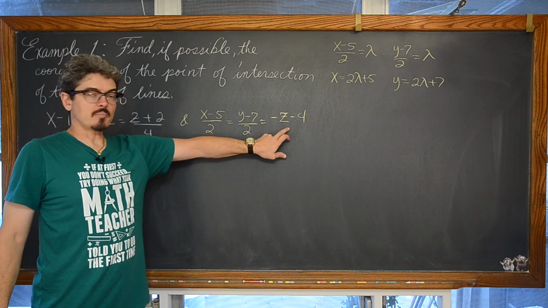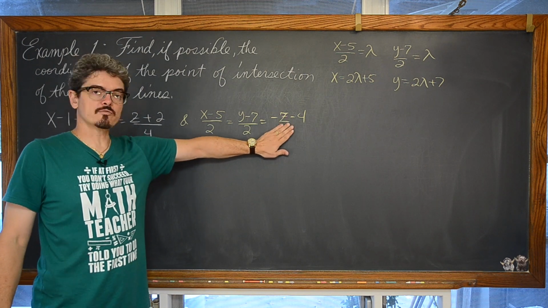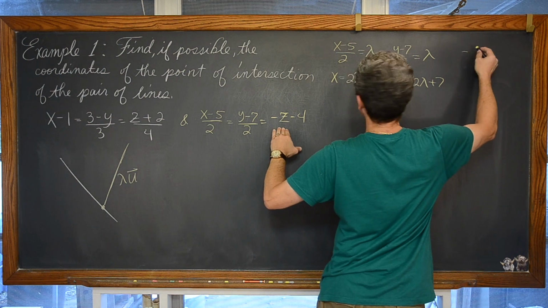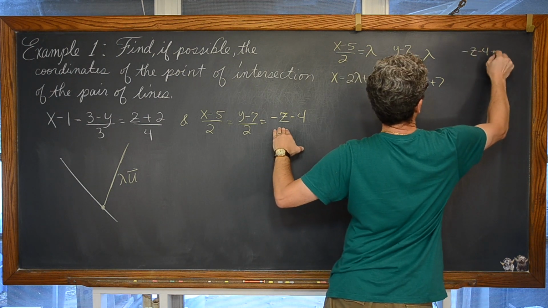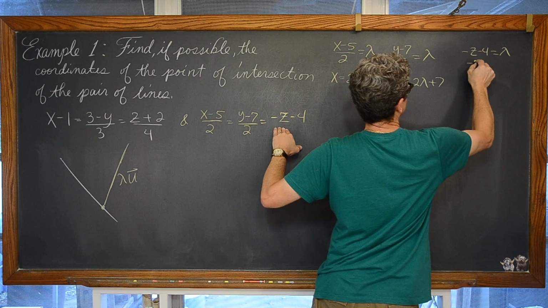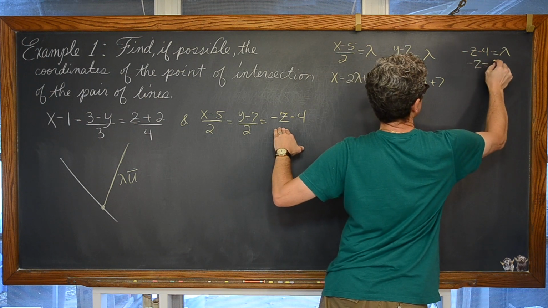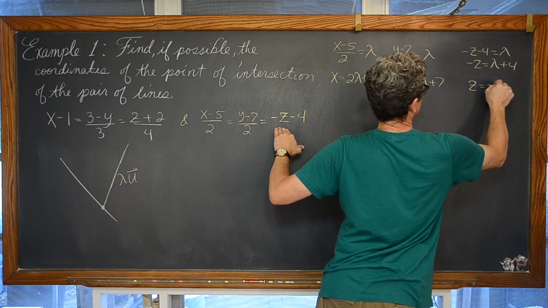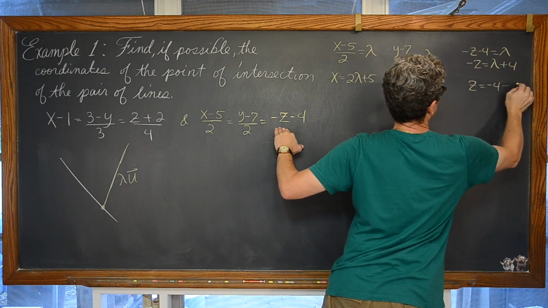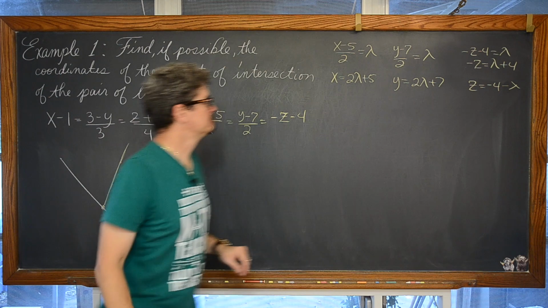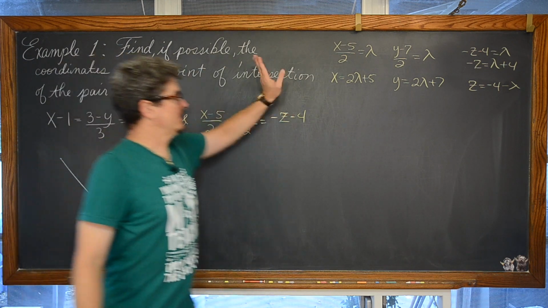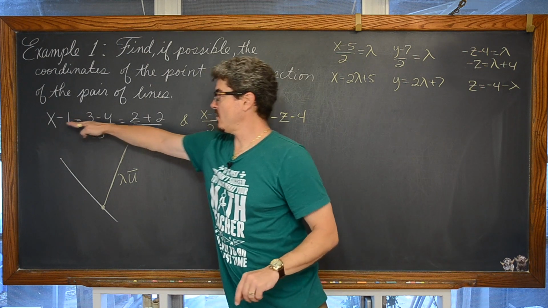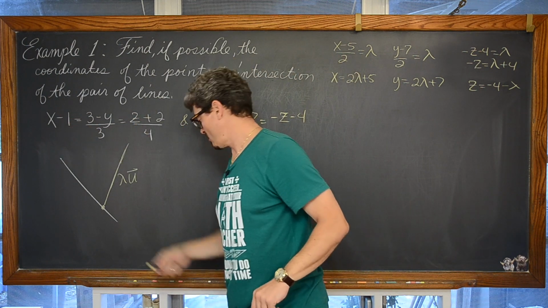And then our last part of this Cartesian form for a line in 3D space, negative z minus 4 is equal to lambda. Negative z is equal to lambda plus 4. Z is equal to negative 4 minus lambda.